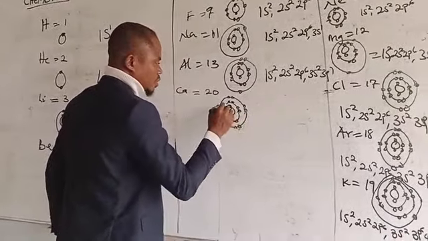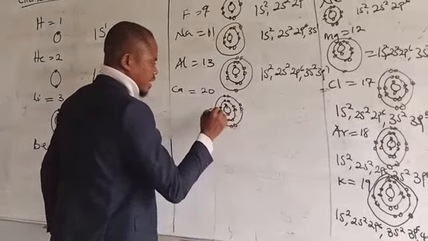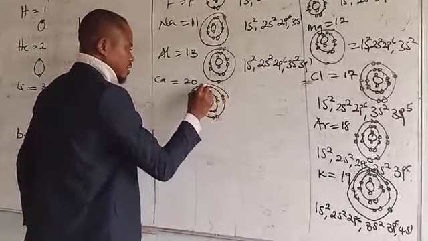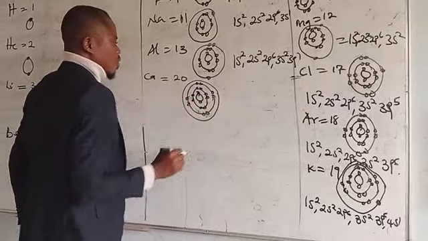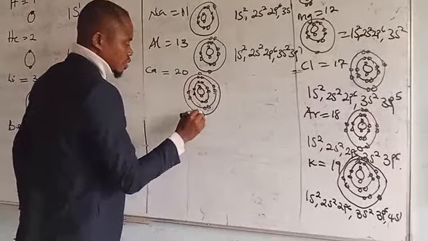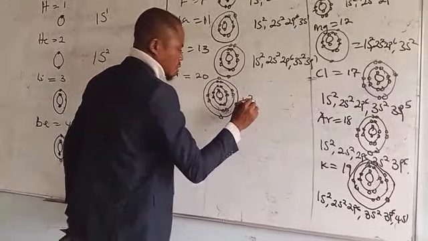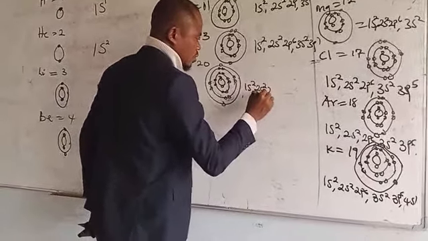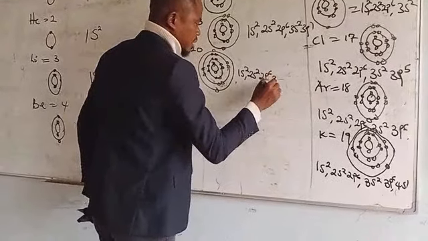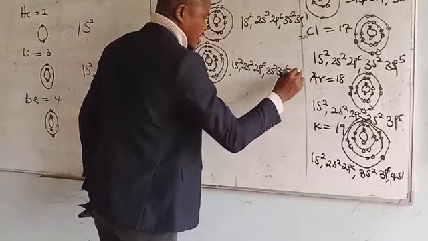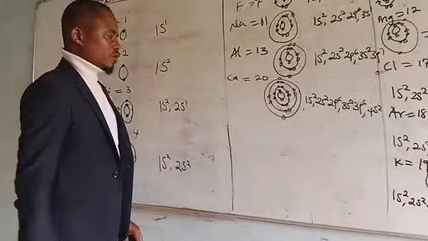So we have 18, and we have 2 left, so the fourth shell will take 2 electrons. So they're going to have 1s2, 2s2, 2p6, 3s2, 3p6, 4s2. And that's the configuration for calcium.